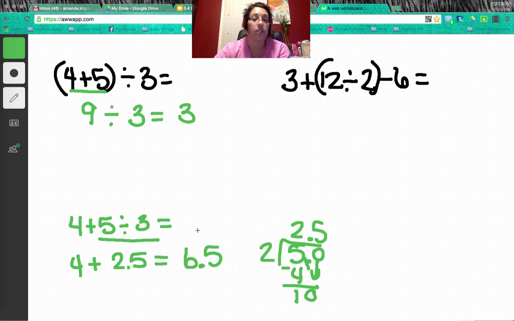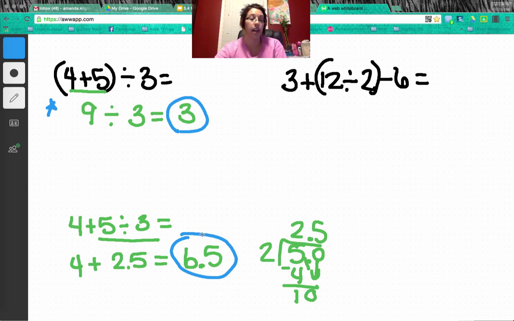So if you look at these two numbers, the parentheses in this first problem up here wound up with a 3. When we worked it without parentheses, we wound up with a 6 5/10. There is a significant difference. The job of those parentheses are to tell us what to work first.